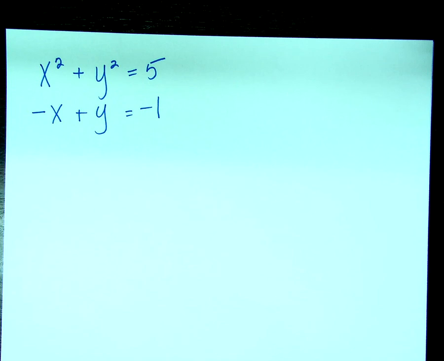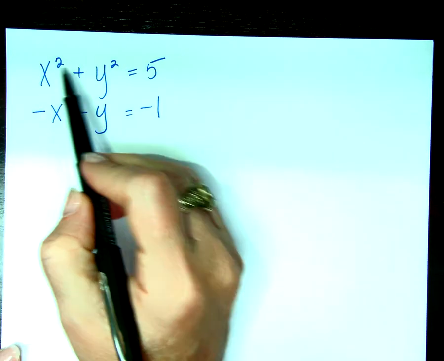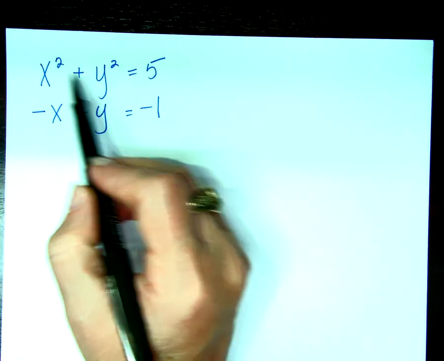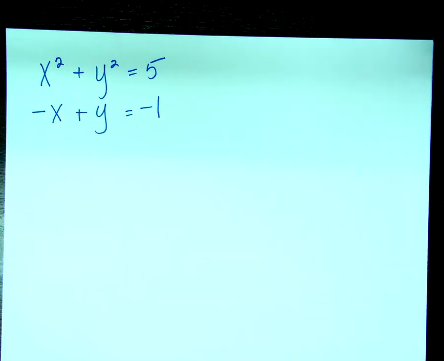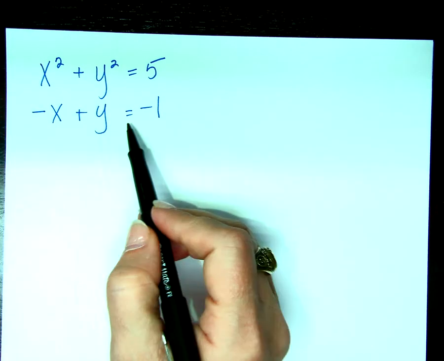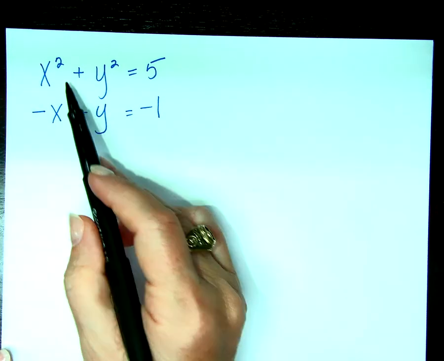Okay? What do you notice first of all about the first equation? Oh, they're both squared. X and y are squared, right? Guys, when x is squared and y is squared and the coefficients are the same, this is a circle. Okay? So what is this one? That's a line. So I have a circle and a line.